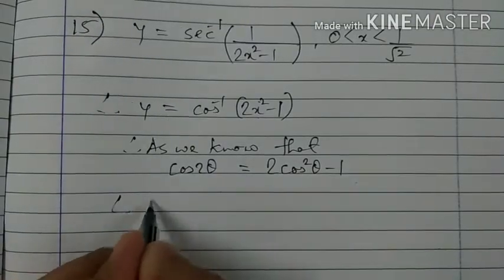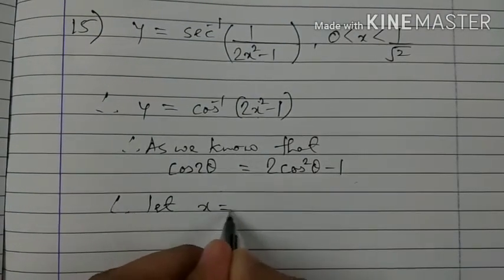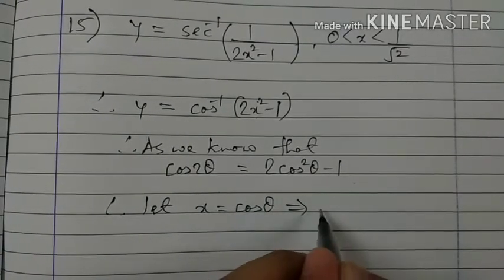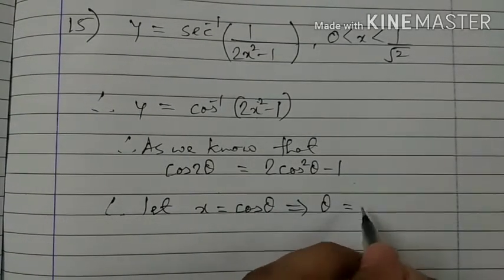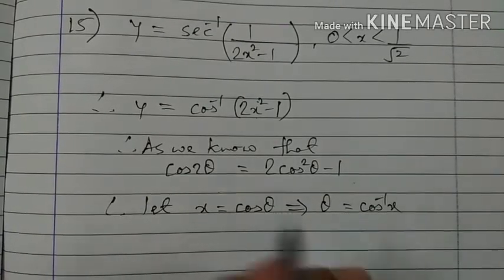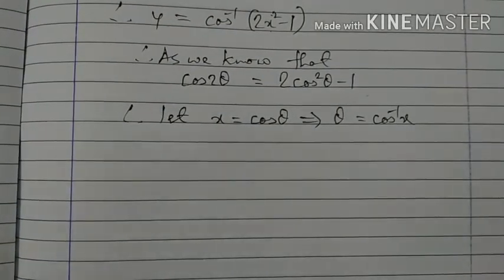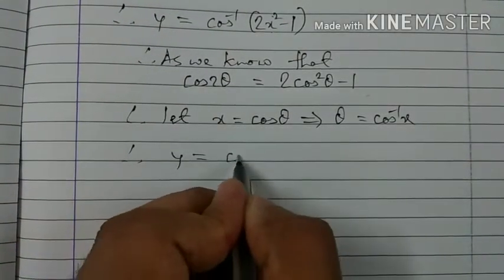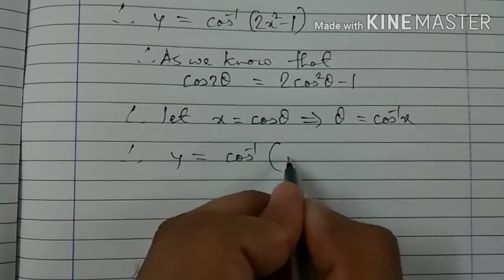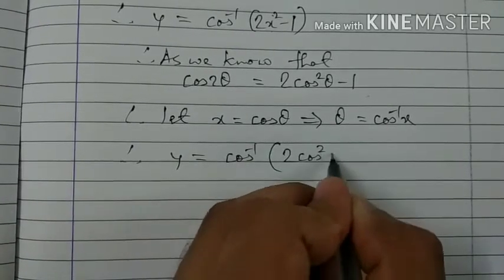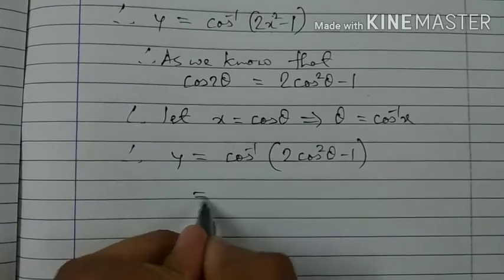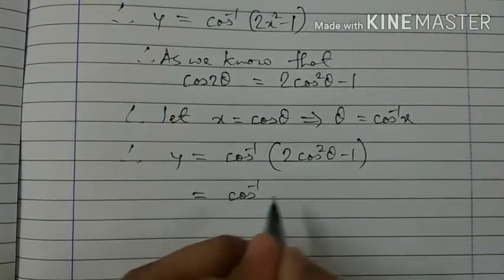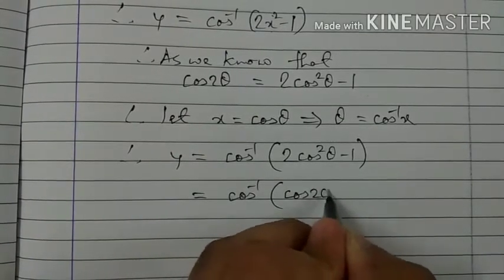So let us assume x equals cos theta. From this, theta can be written as cos inverse x. Now putting x equals cos theta in the given function, y equals cos inverse of 2 cos square theta minus 1. Now 2 cos square theta minus 1 equals cos 2 theta. So cos inverse of cos 2 theta.